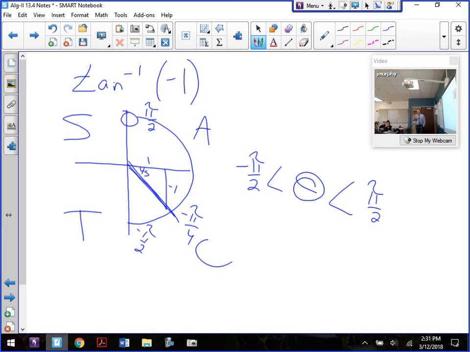Same question. If the question was, the answer is always negative pi over 4 if the question is what angle has a tangent of negative 1. So you're partially, some of that was there. Yes, sir.